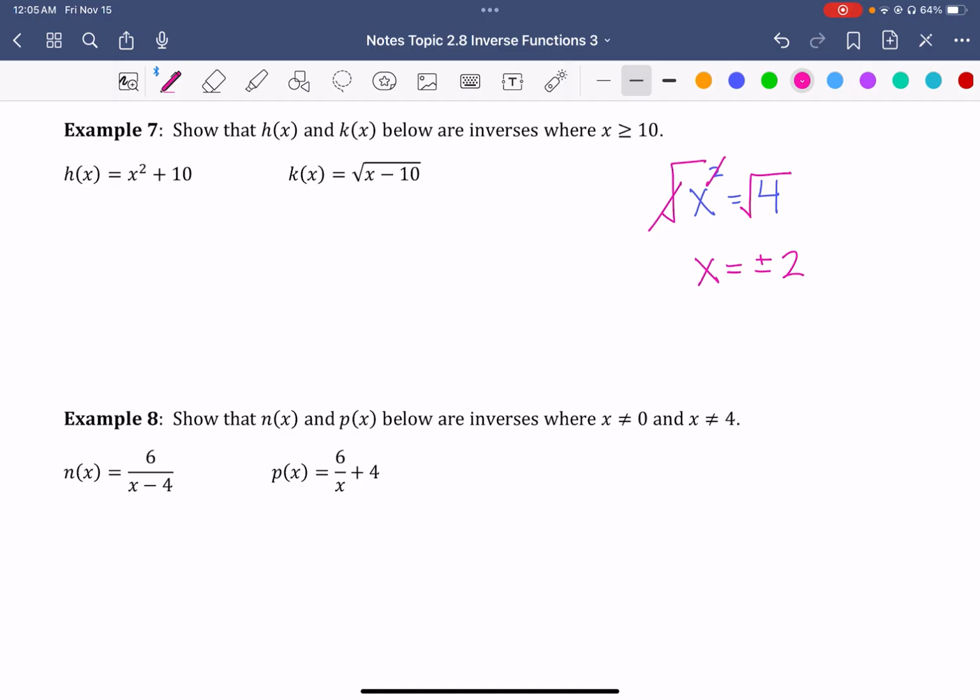Okay? The reason why is because I could have 2 times positive 2, or I could have negative 2 times negative 2. And both of those equal a positive 4, which is what we had started with over here. We had a positive 4. So that's why you always need to account for the option that the square root could be positive or negative.